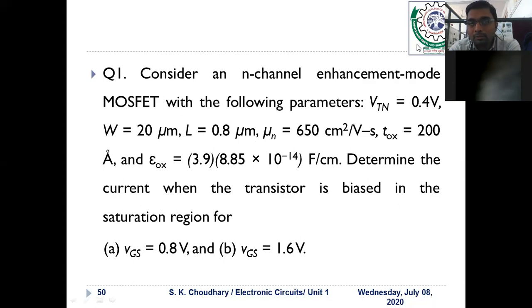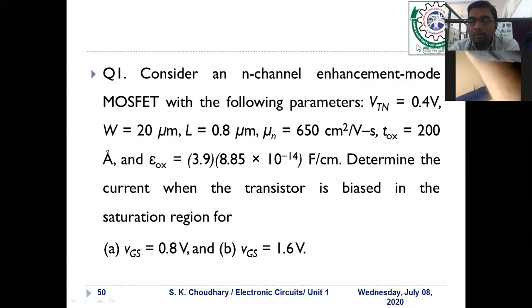Everyone note down this numerical, or take a screenshot of this question. Consider an n-channel MOSFET with the following parameters: VTN is equal to 0.4 volt, width W is equal to 20 micrometer, length L is equal to 0.8 micrometer, mu n is equal to 650 centimeter square per volt second, and TOX is equal to 200 angstrom.